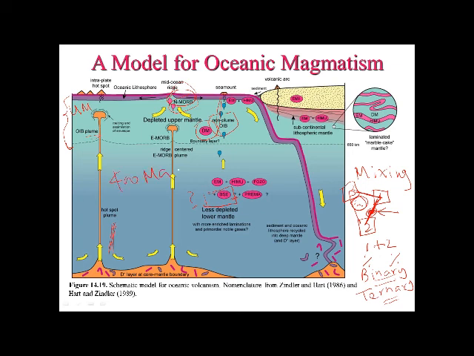MORBs are different: every minute you get MORB magma. So we have very limited access to deep mantle basalt, and therefore we don't know much about the composition of the lower mantle, because we have no samples from there.